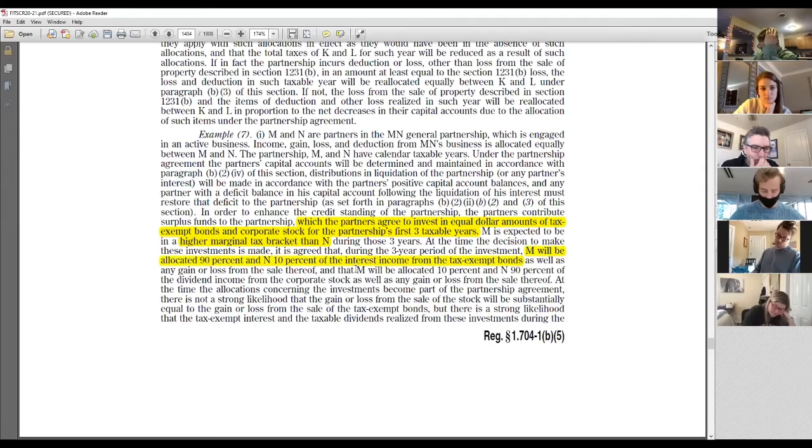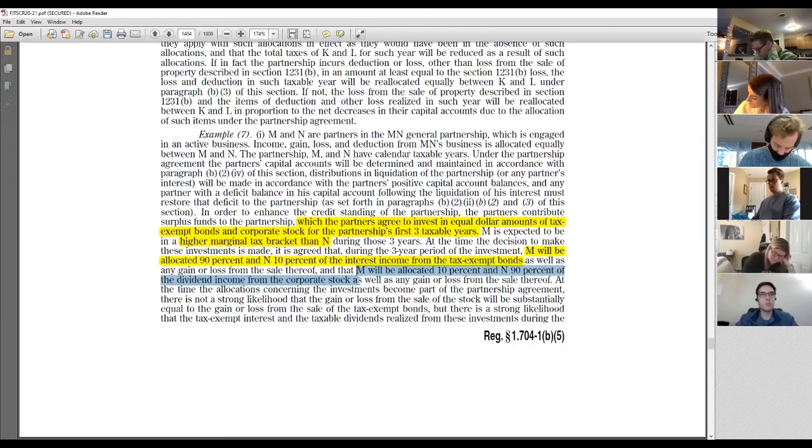And N, I'm sorry, is going to get allocated an equally disproportionate amount of dividend income. So again, we're giving the zero rate income to the high bracket. We're giving the ordinary income to the low bracket.